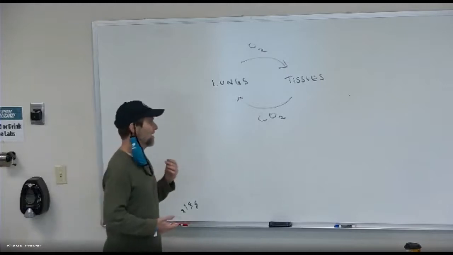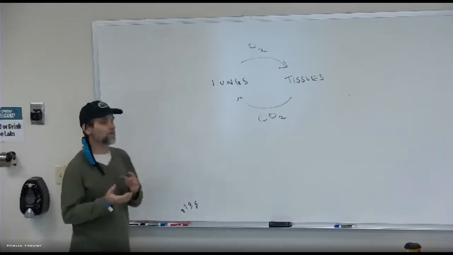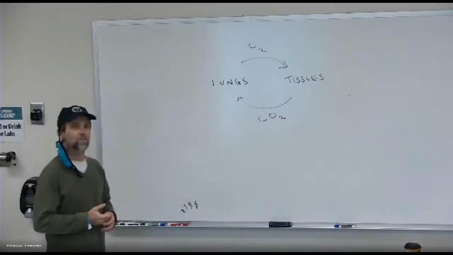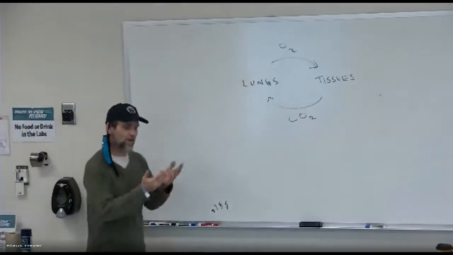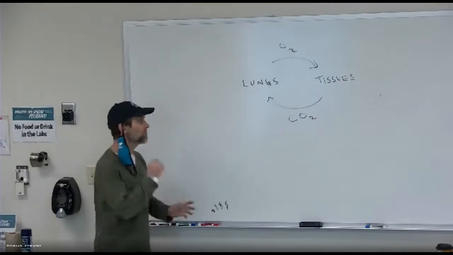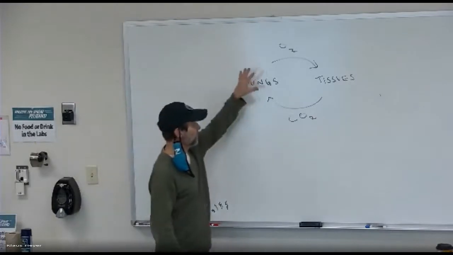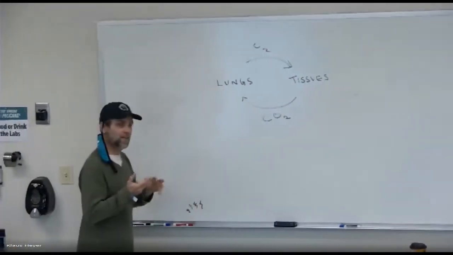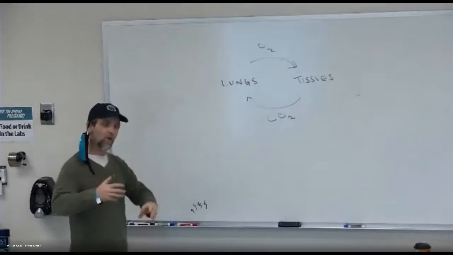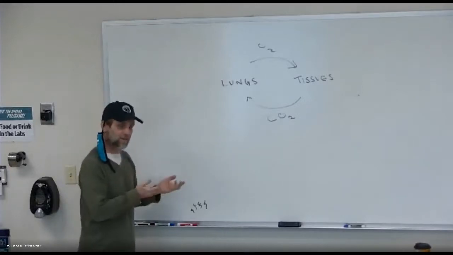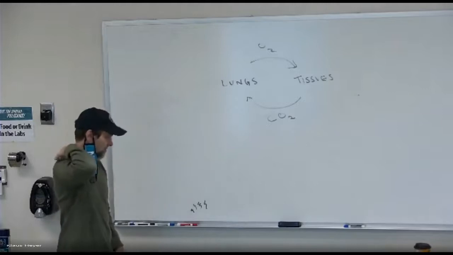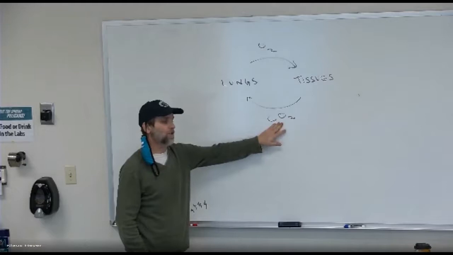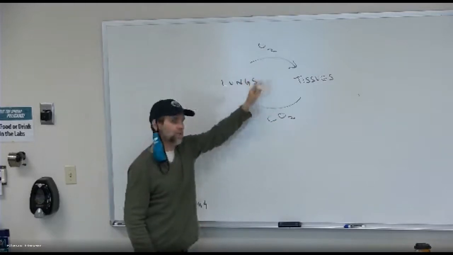Your book will say oxygen-rich blood and oxygen-poor blood, which is a more accurate way to look at this, but I'm calling it oxygenated and deoxygenated. When we're trying to get blood to all the tissues, that's oxygenated blood. And when blood is leaving the tissues, it's already been there, that's deoxygenated blood. The deoxygenated blood has a higher proportion of carbon dioxide than you would find in oxygenated.